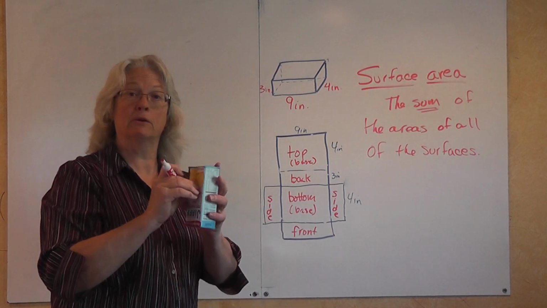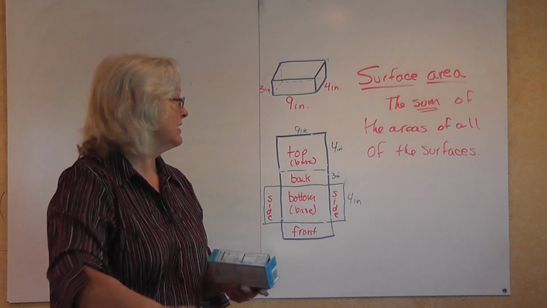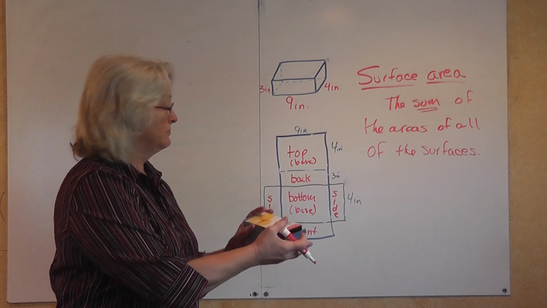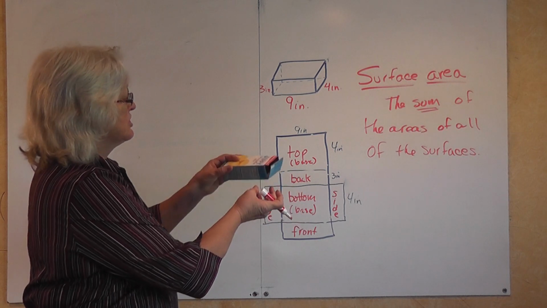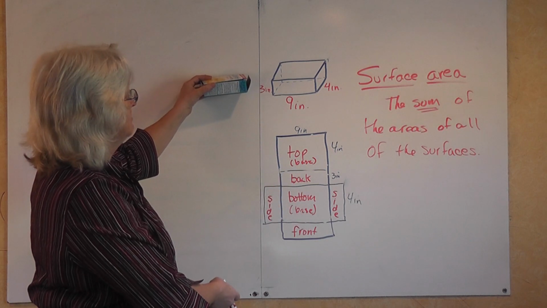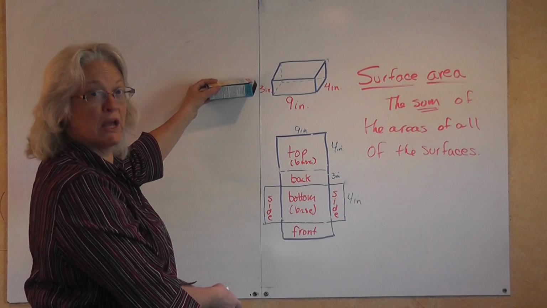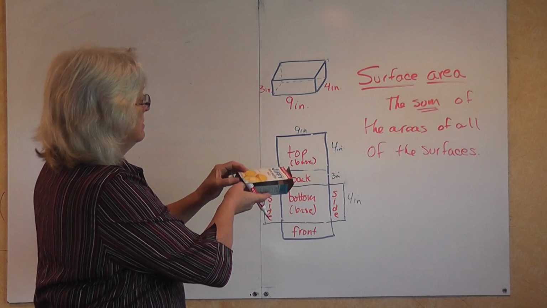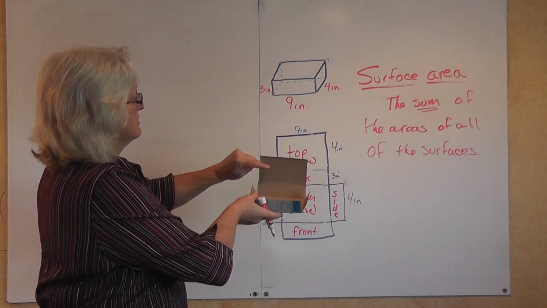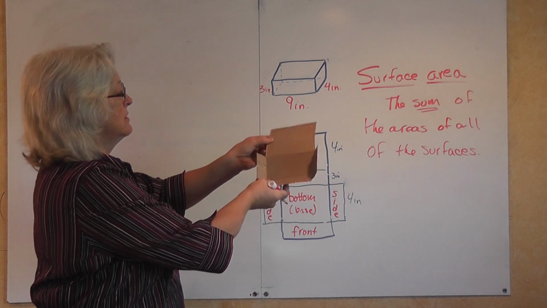Go ahead and go back to my cut apart box that I have right here. Here's my box. This is the shape that we have. This is how it's been sketched on the board. We open it up. Here's the top of the box.